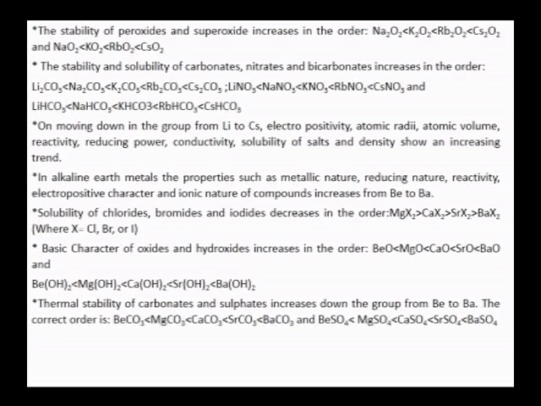The solubility of chlorides, bromides and iodides decreases in the order from magnesium to barium: MgX2, CaX2, SrX2 and then BaX2. That means the halides of alkaline earth metals, where X is chlorine, bromine or iodine.